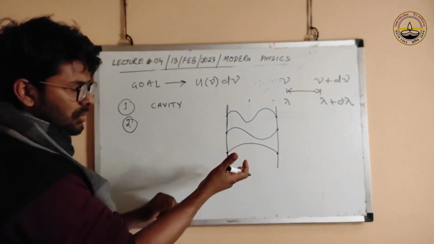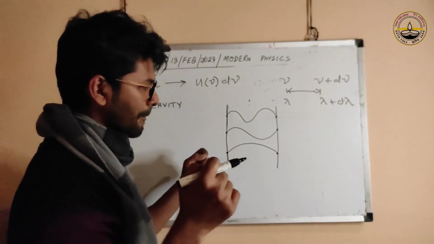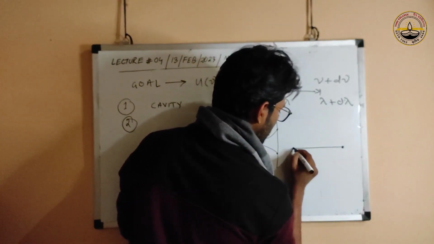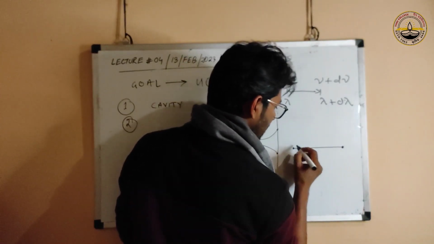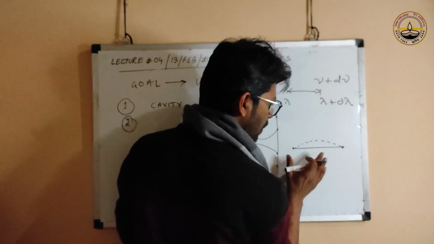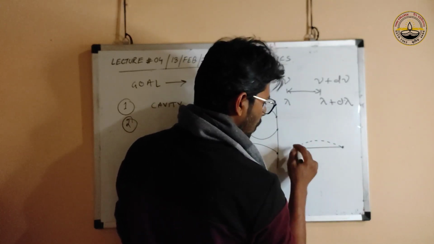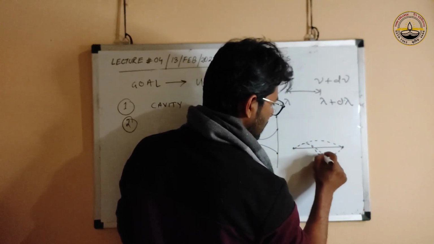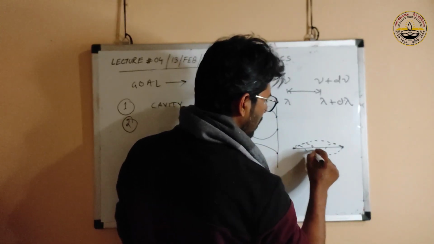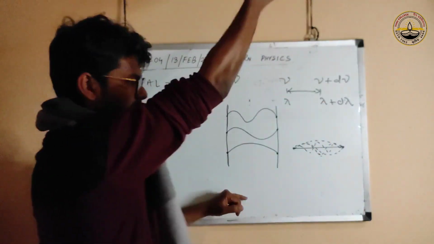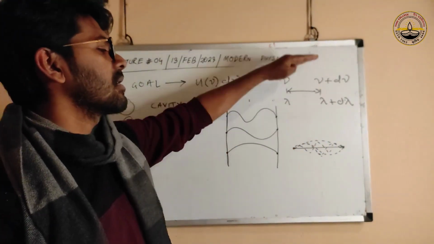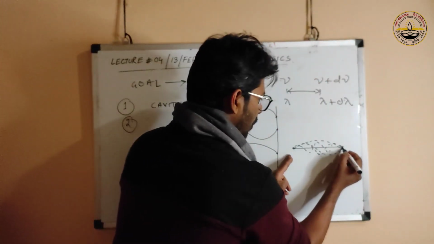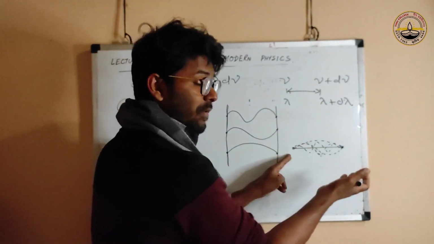You also know this from strings. If you have a string tied at its two ends, it can vibrate either in the lowest mode like this, or like this, and so on. Higher and higher frequencies can exist, but the endpoints must be nodes of the wave.